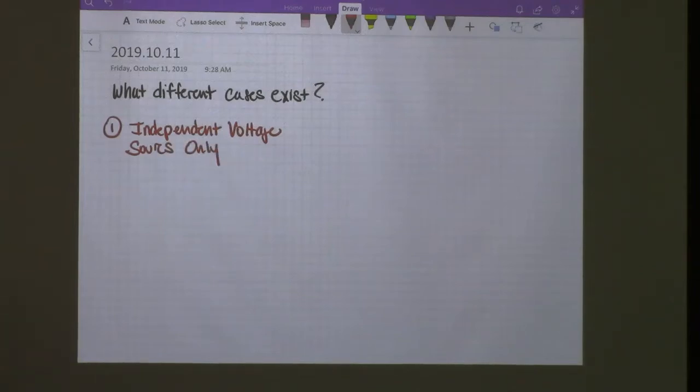And the reason for that is because these sources may be easily represented in KVL. Same reason why we started with the circuit with only independent current sources for nodal analysis, because it's based on KCL and independent current sources are easy to represent in KCL.